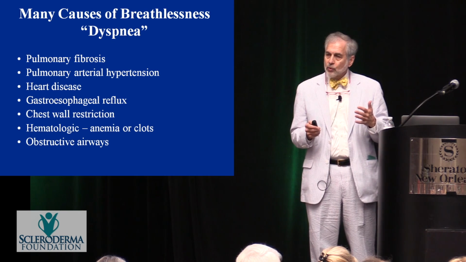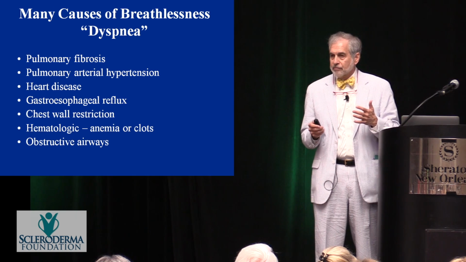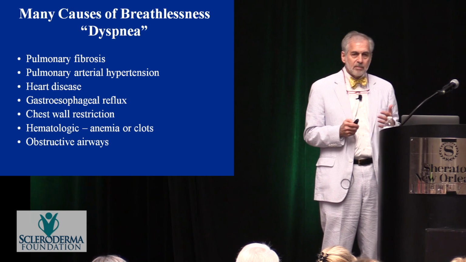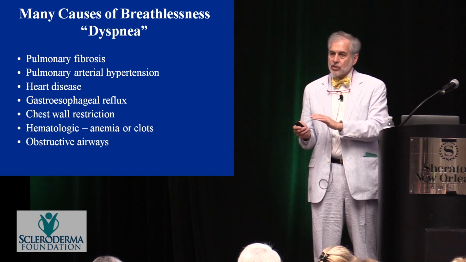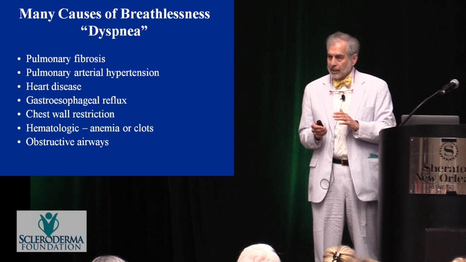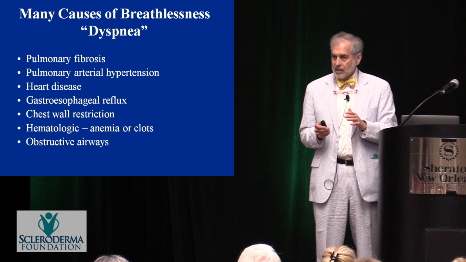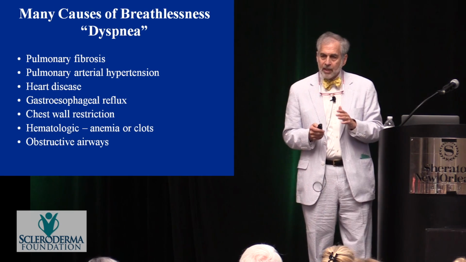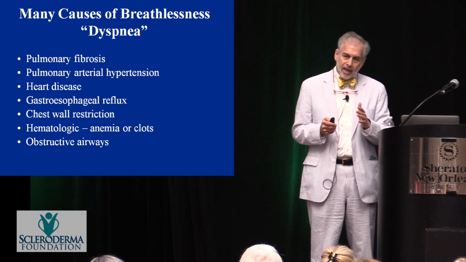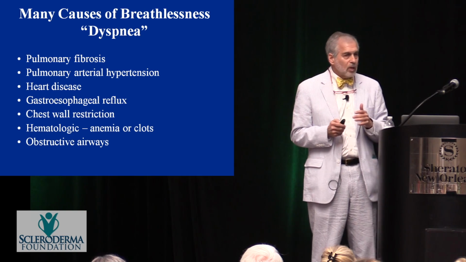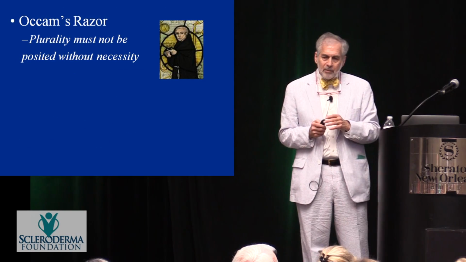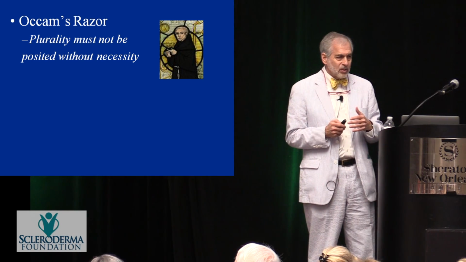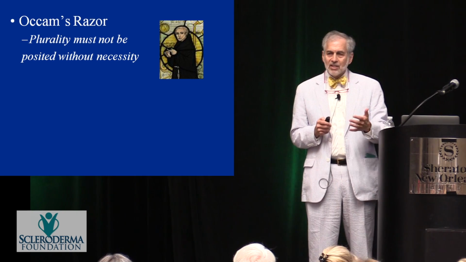It could be related to your blood, either not enough blood from anemia or forming blood clots that go to the lung. And sometimes it may be due to conditions of the lung that are not directly related to scleroderma per se, such as chronic obstructive pulmonary disease, emphysema, or bronchitis that may have occurred as a result of past smoking.